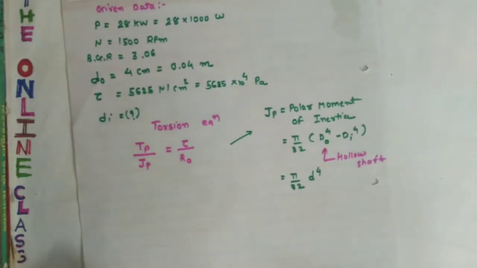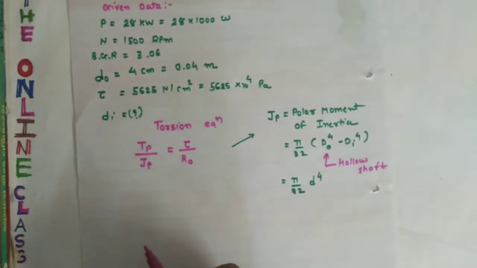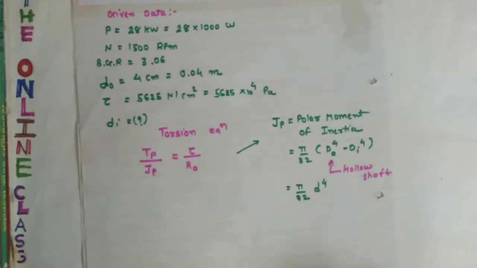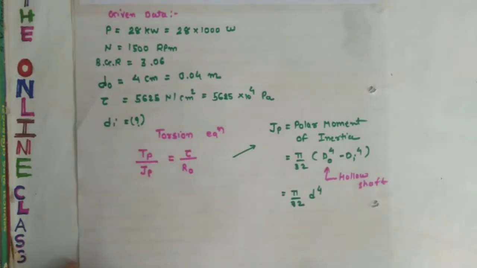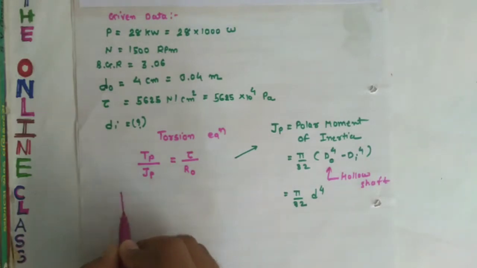For TP, the torque at propeller shaft, we have to find TE, the engine torque. Why do we have to take the engine torque? Here this is our engine.